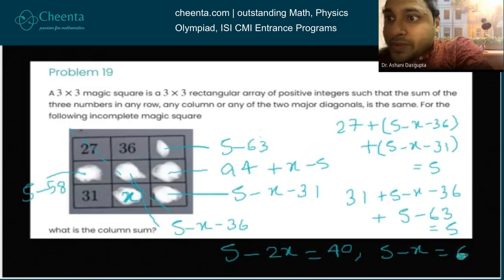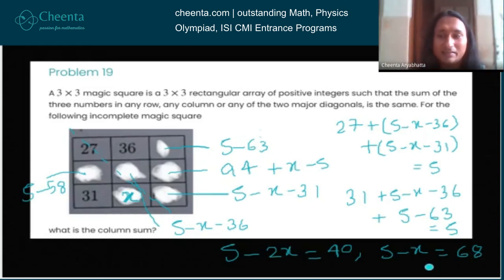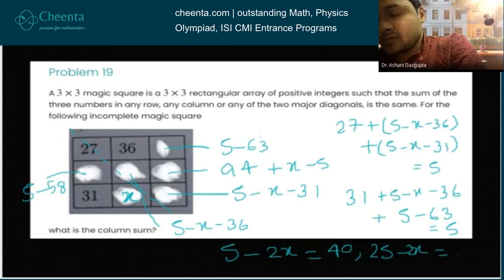So we have two equations in two variables. Clearly the solution is very easy from here. We can multiply the second one by 2 and we get 2S minus 2x is equal to 136.